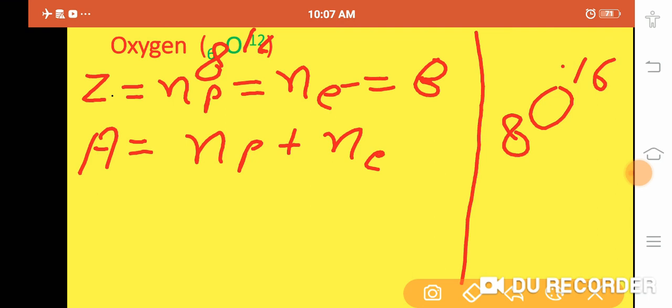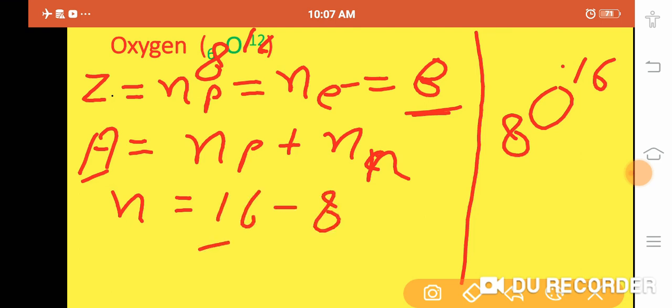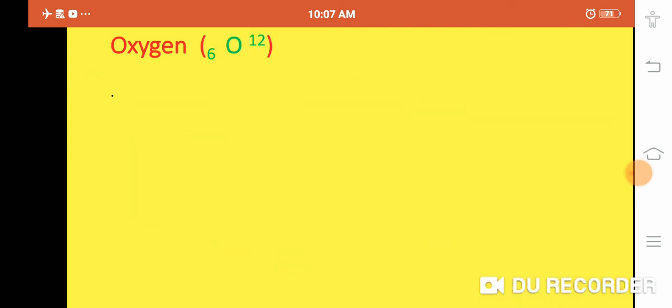Now what is the number of neutrons, beta? Number of neutrons n is equal to atomic mass A, which is 16, minus atomic number 8, is equal to 8. Understood?